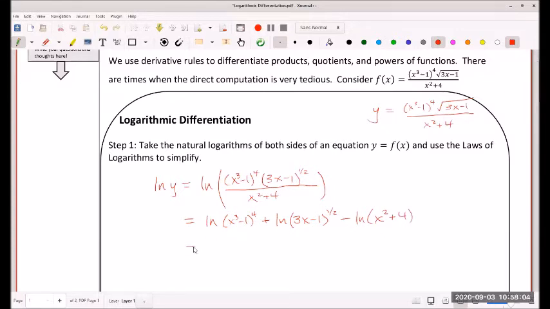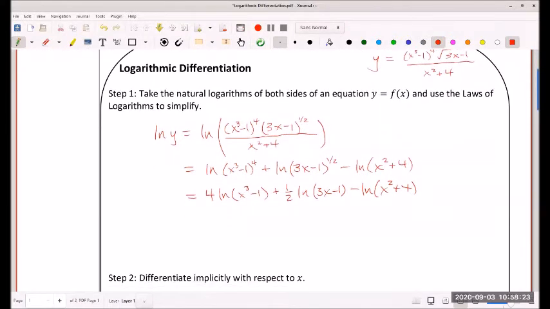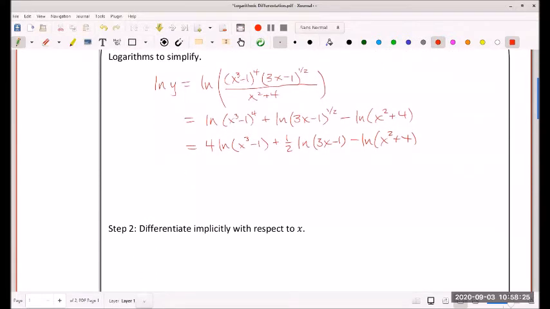And finally, we'll use the power rule to bring these exponents down in front. 4 natural log of x cubed minus 1 plus 1/2 natural log of 3x minus 1 minus the natural log of x squared plus 4. And that's the fully expanded version using those laws of the logarithms.